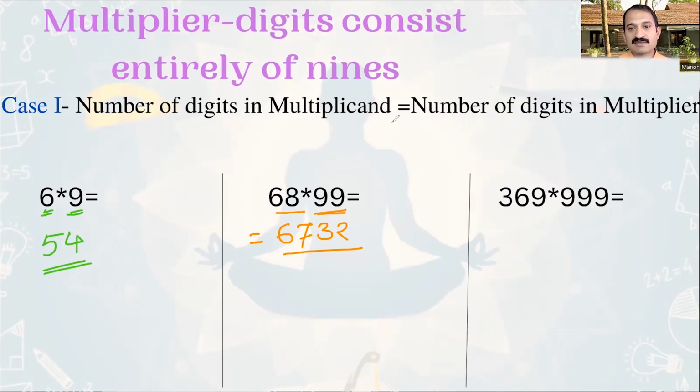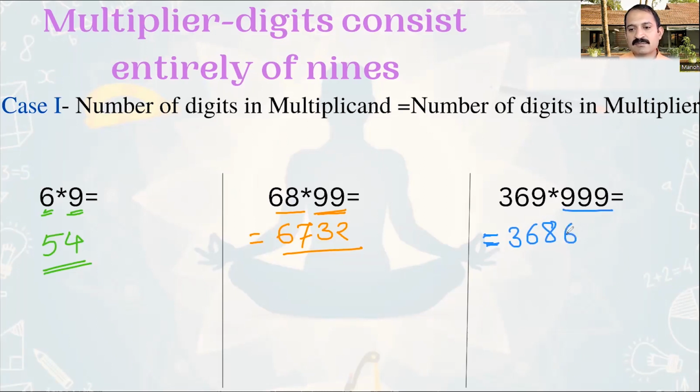You can apply the same thing for the next example. So first thing is subtract 1 from the multiplicand, 68, and then subtract 368 from 999.